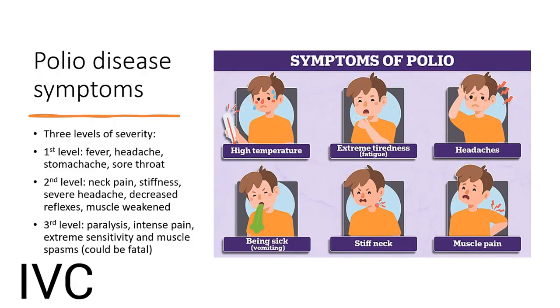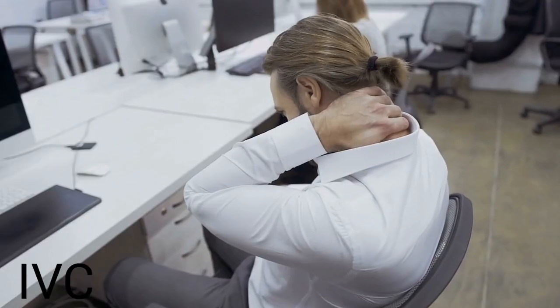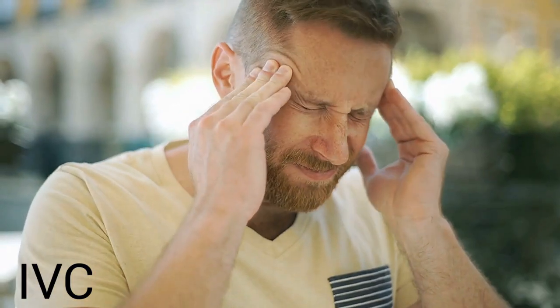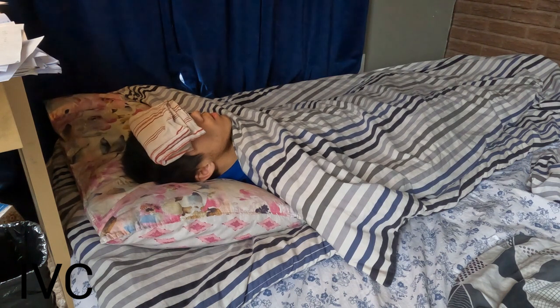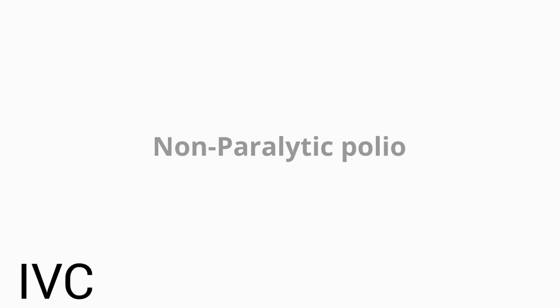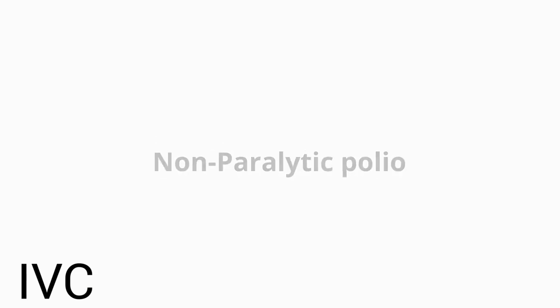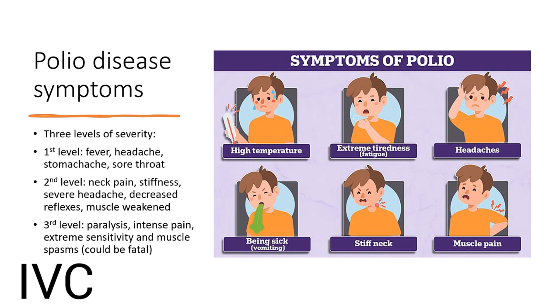About 1% of people with polio will experience symptoms like neck pain, stiffness, and severe headache. James, an industrial worker, is now confined to bed. In addition to a severe headache, he also exhibits decreased reflexes, and his muscles are weakened. This form of polio is called non-paralytic polio. The third and last type of polio is paralytic polio, which is much more severe than the other two.